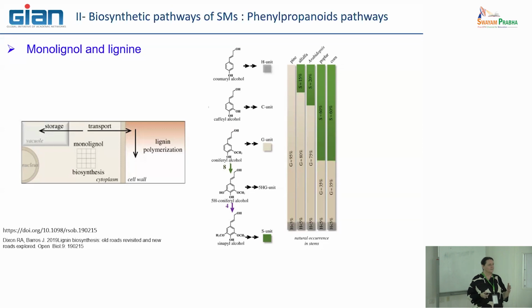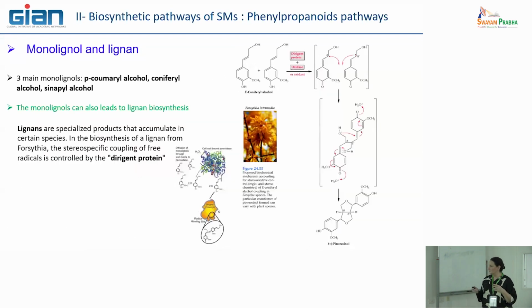And this was taken as an advantage to identify new genes or new enzymes that are involved in this type of complex metabolic pathway. And several years ago now, it has also been shown that sometimes monolignols are polymerized not only into lignin but into lignan, which is another type of phenylpropanoid molecule family.